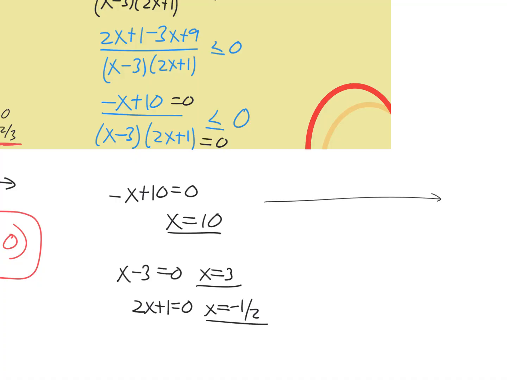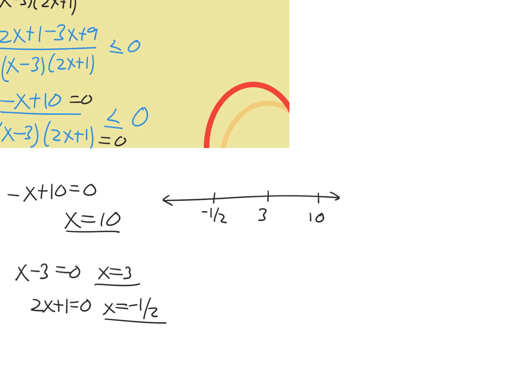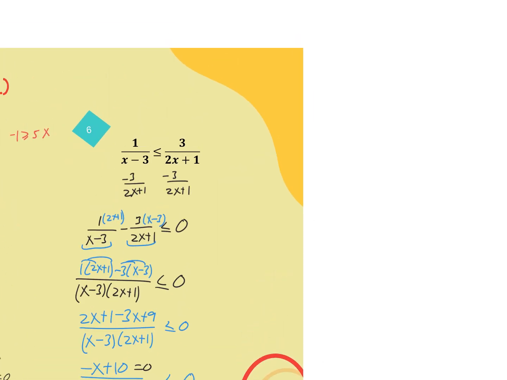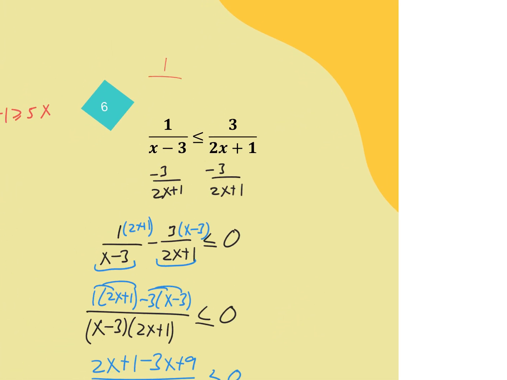Drawing this on a number line, our smallest value is going to be at negative 1/2. Our next biggest one is going to be at 3, and then our largest one is going to be 10. Again, the easiest value to pick is 0, and here we're allowed to use it. So I'm going to have a 0. Plug that into the original inequality. I'm going to have 1 over 0 minus 3 is less than or equal to 3 over 2 times 0 plus 1.